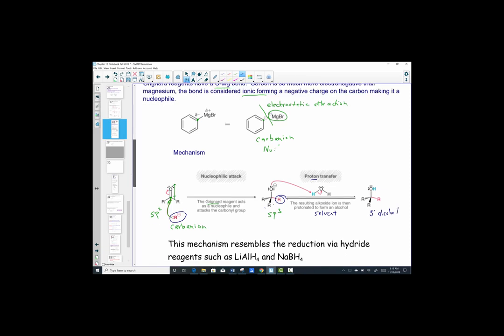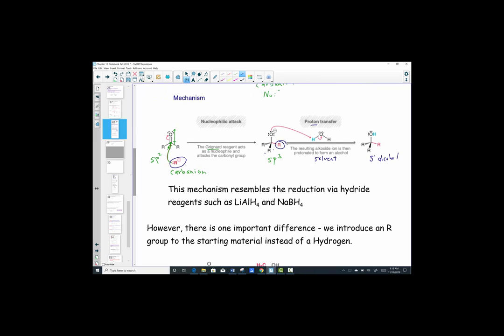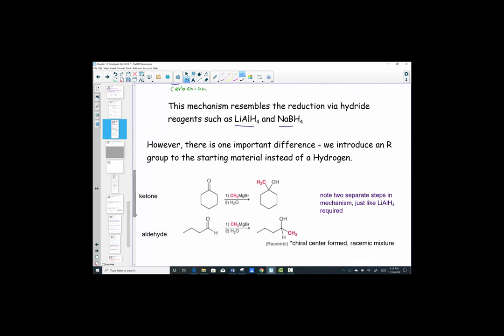So with the carbonyl carbon and the use of a Grignard reagent, we can attach yet another carbon. The mechanism resembles the reduction via lithium aluminum hydride or sodium borohydride, but the key difference is that we start introducing another R group to the starting material.